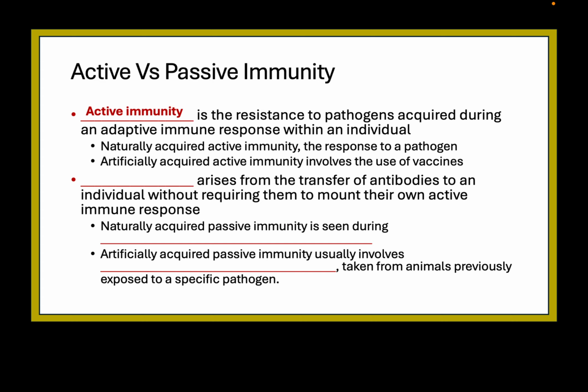So active immunity is the resistance to pathogens acquired just due to the fact that you have an adaptive immune response. This can be either natural or artificial. So how can we take advantage of the secondary response?